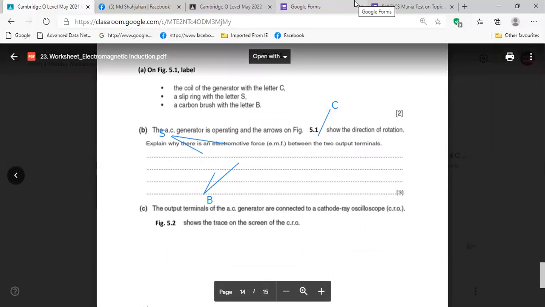Yes, this one, read. The AC generator is operating and the arrow on figure 5.1 shows the direction of rotation. Explain why there is an electromotive force, or EMF, between the two output terminals.